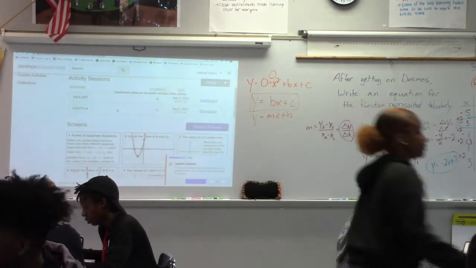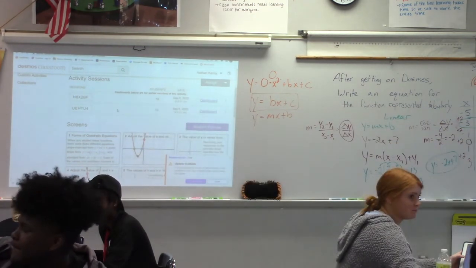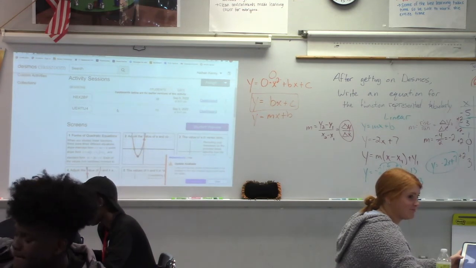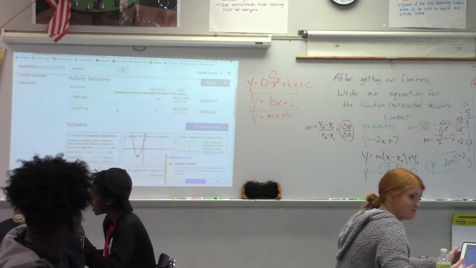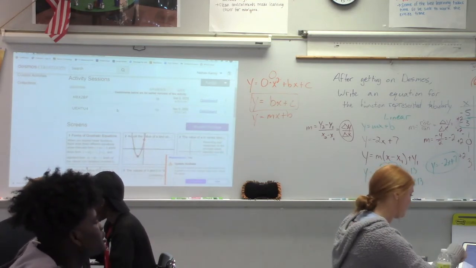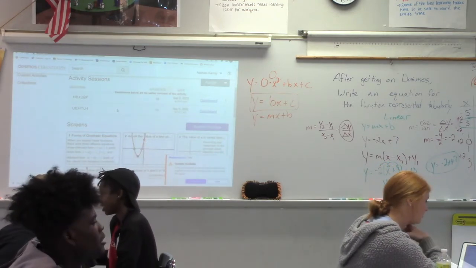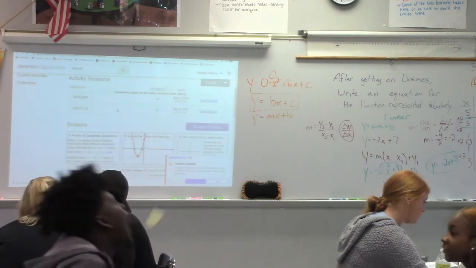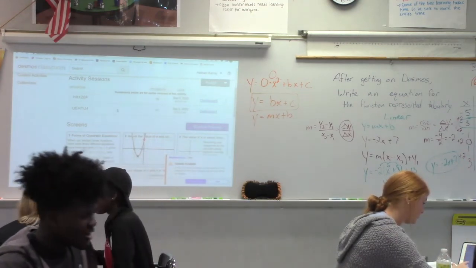It changes, right? Two lines or two points? Does anyone know what those two points might be called? Let me point this out. You see that red point? What is that?